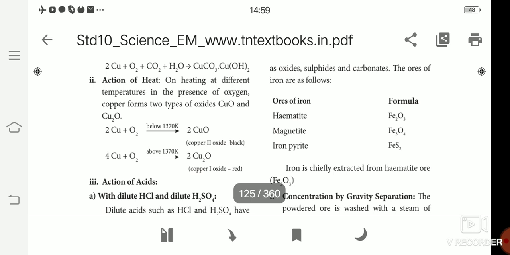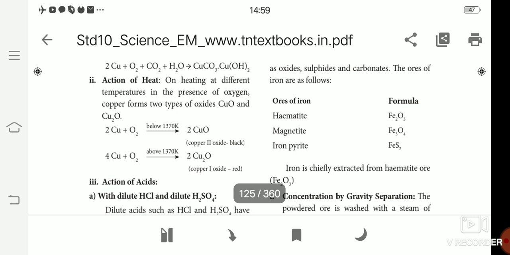Then the action of acid: copper reacts with hydrochloric acid with removal of water, and the product is copper chloride. Copper reacts with nitric acid with liberation of nitric oxide and removal of water, and the product is copper nitrate.